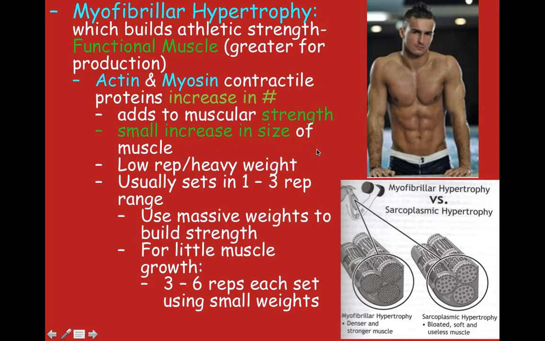It's a small increase in size of the muscle, and this happens because of a low number of repetitions and heavy weight, usually in sets of 1 to 3 reps. Use massive weights to build strength for little muscle growth, and you get 3 to 6 reps for each set using small weights.